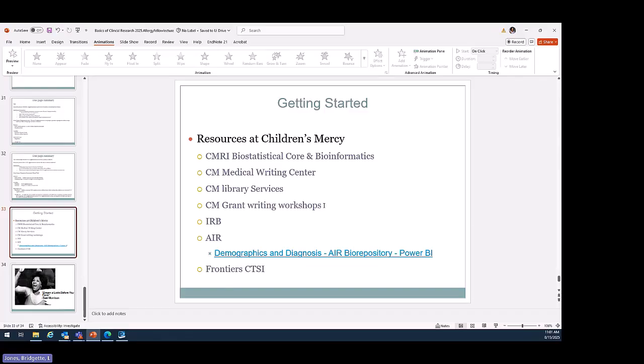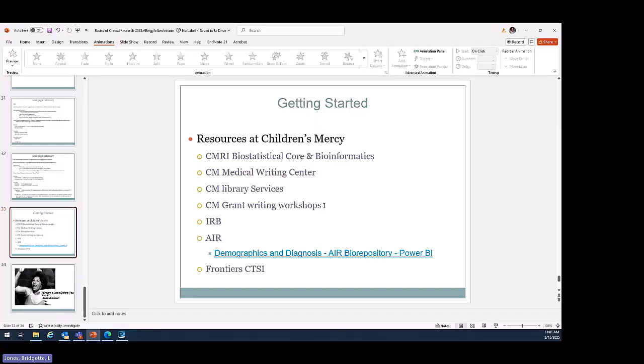We also have a bioinformatics core that can help if you're wanting to do big chart reviews or big database analyses. We also have a medical writing center that can be helpful once you want to write up your manuscript. It can help in reviewing and editing your manuscripts.